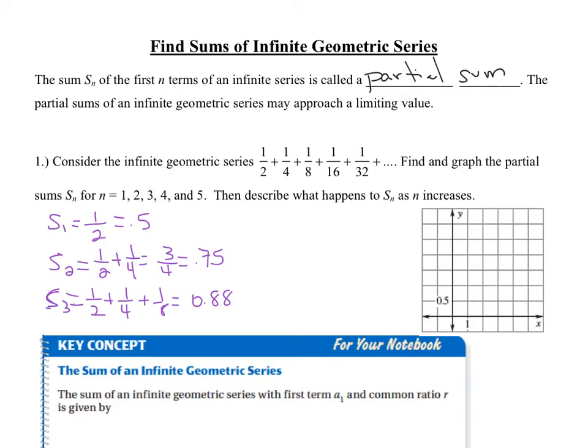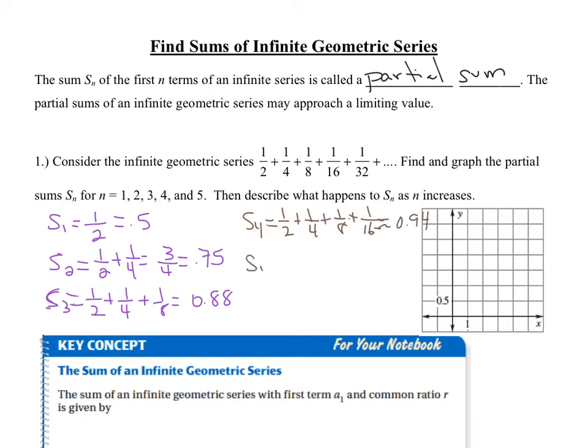And then S sub 4, we're going to sum up the first four terms of this infinite series. 1/2 plus 1/4 plus 1/8 plus 1/16. And that'll give us approximately, plugging in the calculator, 0.94.